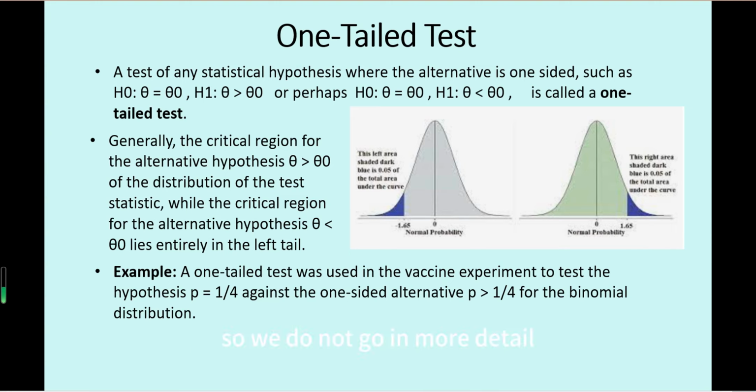We do not go into more detail on calculating the test statistic, because we will show many different cases of calculating the test statistic in hypothesis testing in later videos.